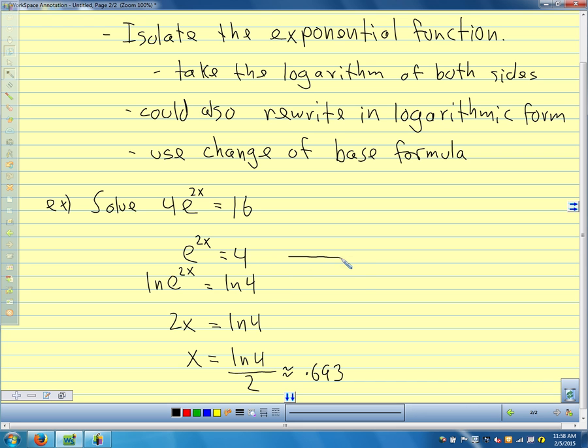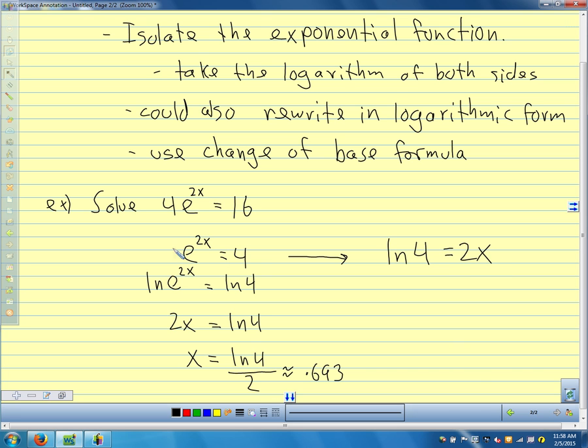All right, let's go from here and use the other procedure, rewriting in logarithmic form. How do we rewrite this in logarithmic form? I'll get us started. Natural log of 4 equals 2x.